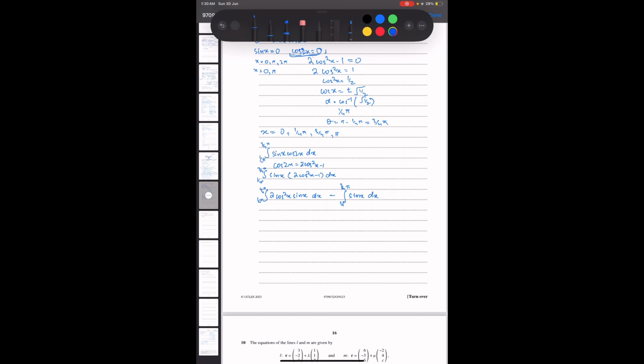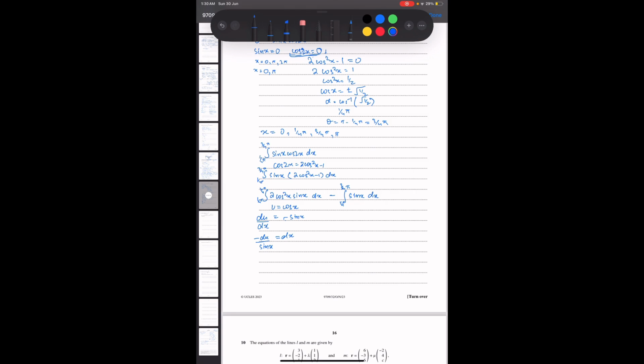And now over here I'm going to take the substitution that u is equal to cos x. You basically take a substitution that can convert all of the terms that you have. So when we take u equal to cos x, we first differentiate it. So du/dx is equal to minus sin x, and then minus du/sin x is equal to dx.